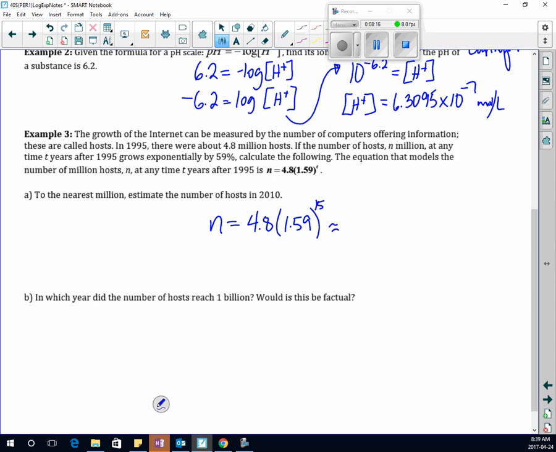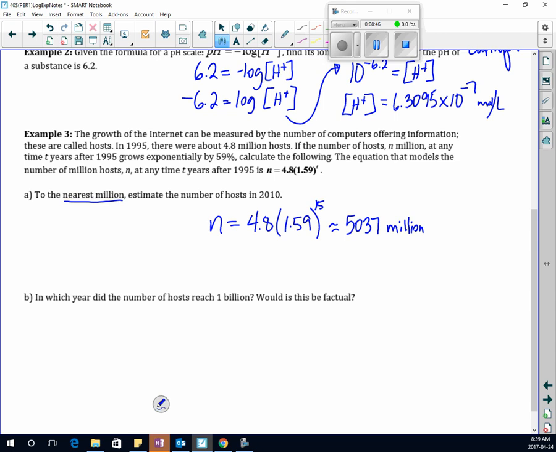So this would be on the calculator part of the test, right? And it says to the nearest million, right? So this would be 5,037 million. Does everybody see that is the units? Make sure on these word problems that you put the units there.